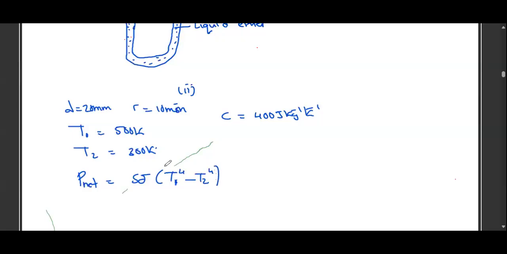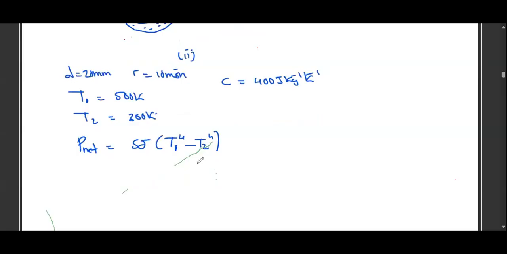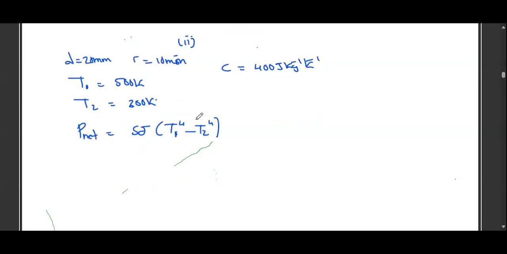This is going to be lost by the copper, because the copper is at higher temperature, whereby S is the surface area, and because it is a sphere, surface area of a sphere is given by 4 pi r squared.